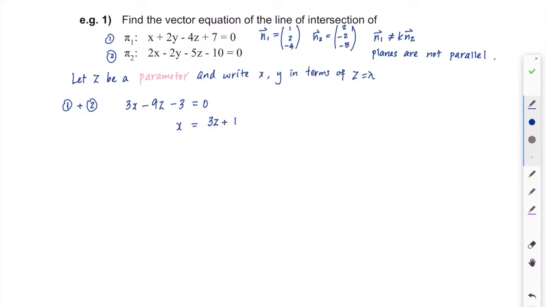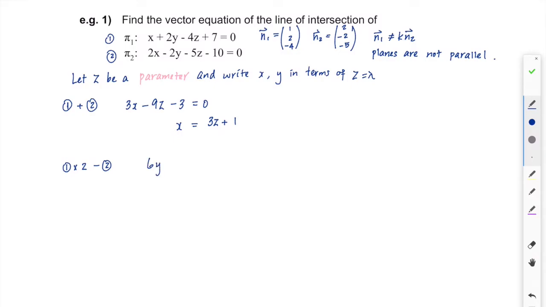Now we have to find a way to write y in terms of z, the parameter. So we have to eliminate x. What we can do is multiply the first equation by 2 to line up the coefficients of x, then subtract equation 2. So 2x minus 2x is gone. 4y plus 2y is 6y.